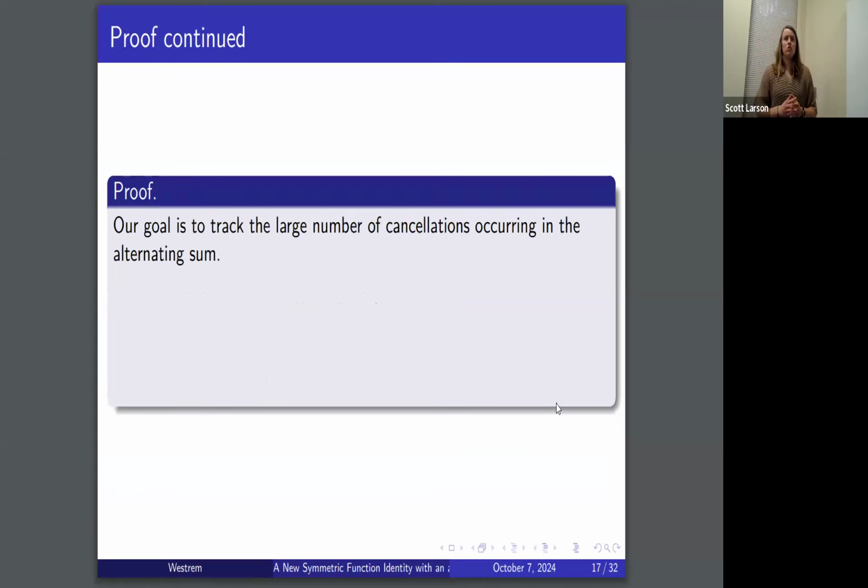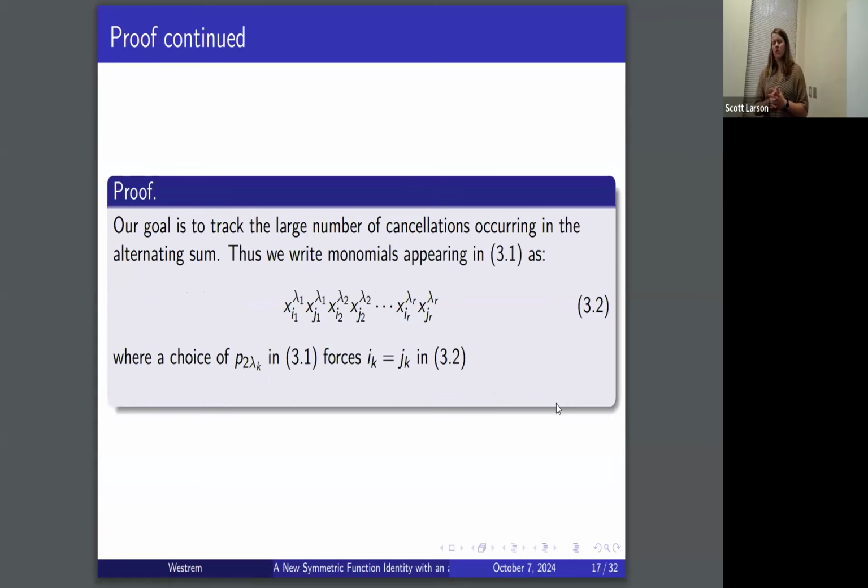Now the goal is to track how these cancellations are happening when there's a large number of them occurring. So essentially we have a monomial, and it's going to look something like this. We have our x variable with some subscript, and we have our exponents there. This is the most expanded one. Notice the first two, x sub 1, j1, have the exponent lambda 1, and so on, lambda 2.